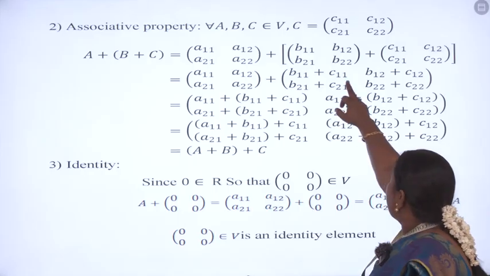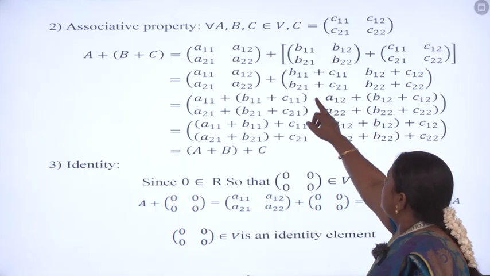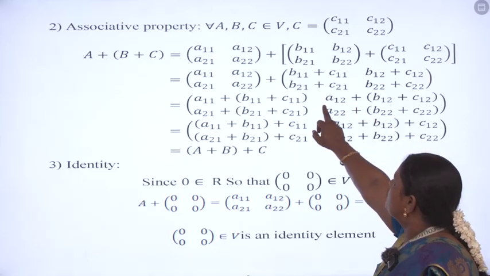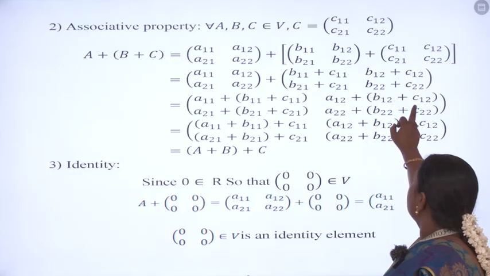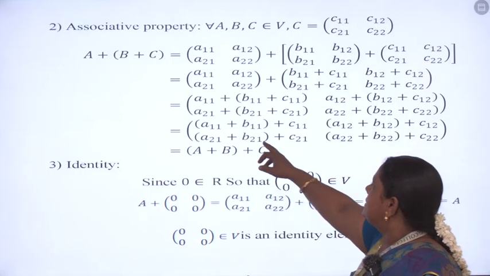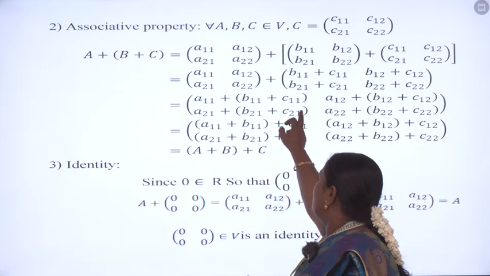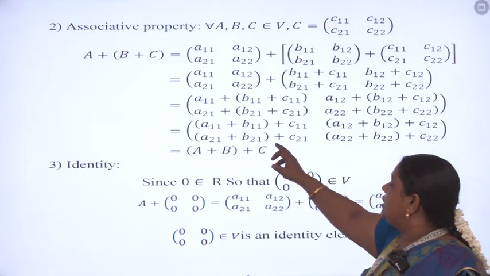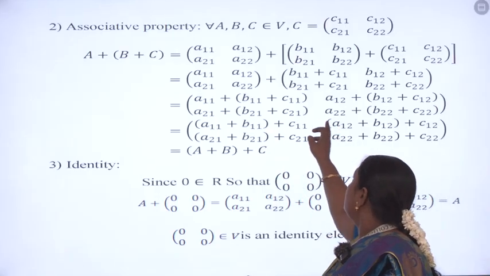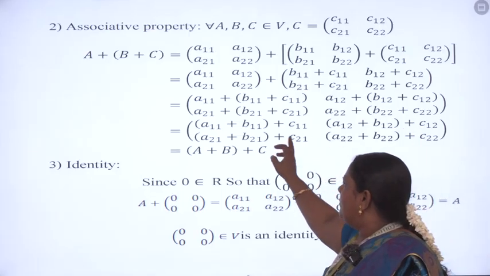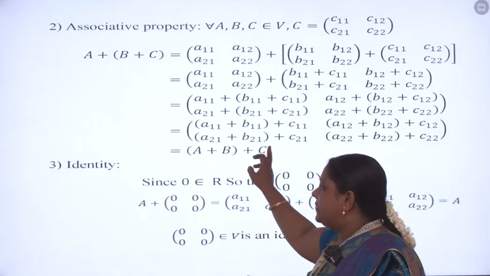First add these two matrices, we get b11 plus c11, b12 plus c12, b21 plus c21, b22 plus c22. Then add these two matrices, we get a11 plus b11 plus c11, a12 plus b12 plus c12, a21 plus b21 plus c21, a22 plus b22 plus c22. Then finally we can combine this to get (A plus B) plus C.